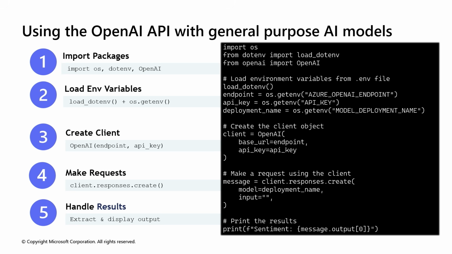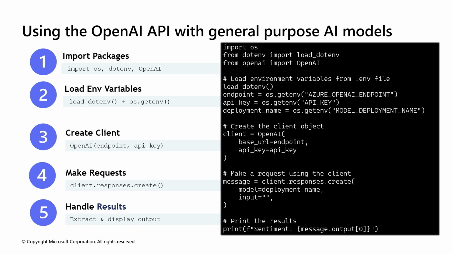The first thing the client application does is to import the libraries it needs. Typically, this includes standard tools to read configuration values, a helper library to load environment variables, and also the OpenAI library itself. This prepares the app to securely connect to the AI service.